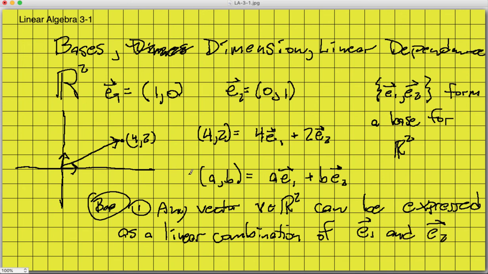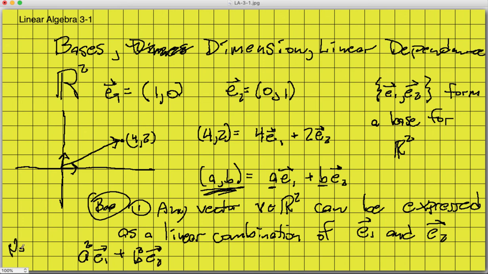Okay, and we've seen that right over here. This is any arbitrary vector out of R2, and we have expressed it as a linear combination. Now, what does it mean when we say linear combination? Well, notice over here, a and b are real numbers. What wouldn't be a linear combination is something like a squared E1 plus b cubed E2.